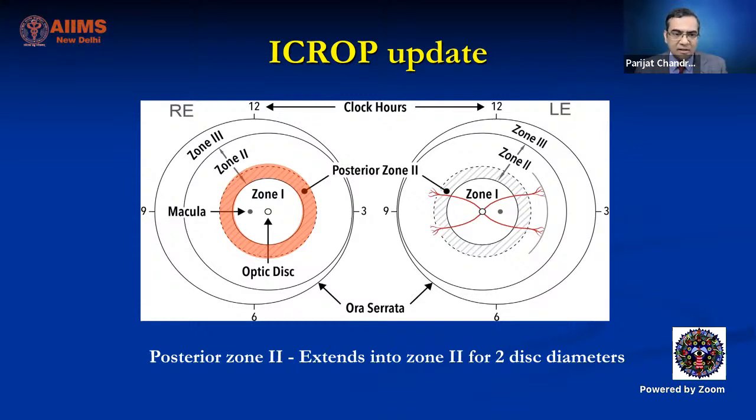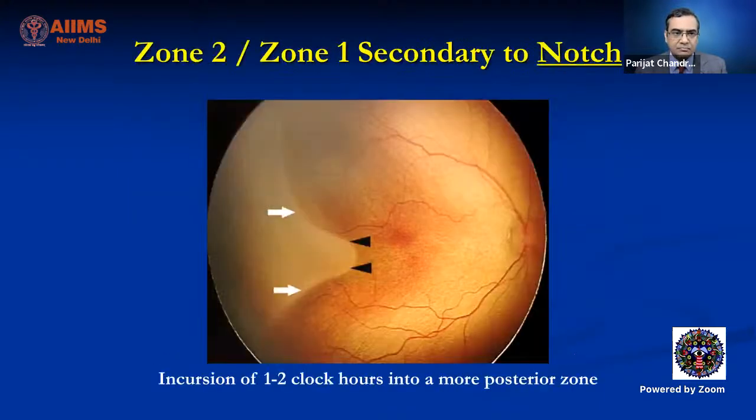So there was a need to not only divide zone 2, which was previously divided by many people as zone 1 anterior, zone 2 posterior, something like that, but to devise a more standardized classification for communication between experts as zone 2 posterior. Posterior zone 2 extends into zone 2 for 2 disc diameters. So if you have a case of posterior zone 2, you have to understand that it might behave with some characteristics of zone 1 disease, and therefore it's important to keep in mind.